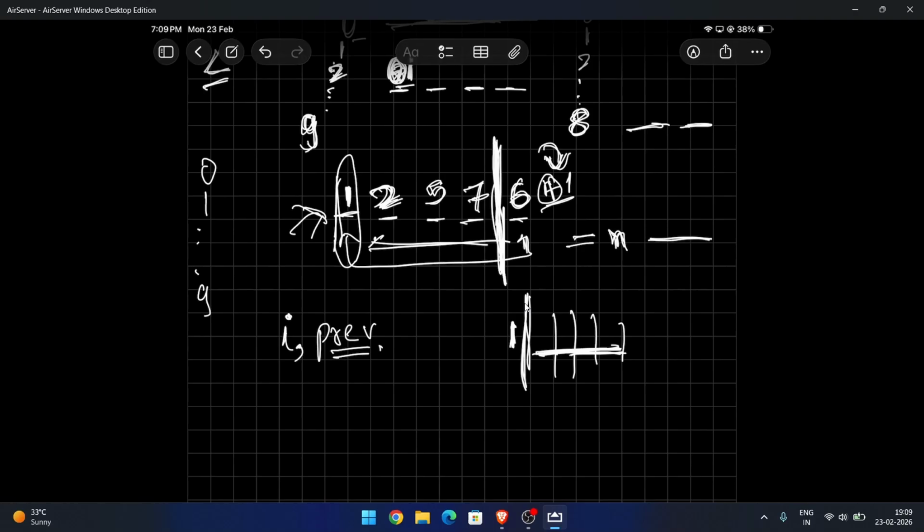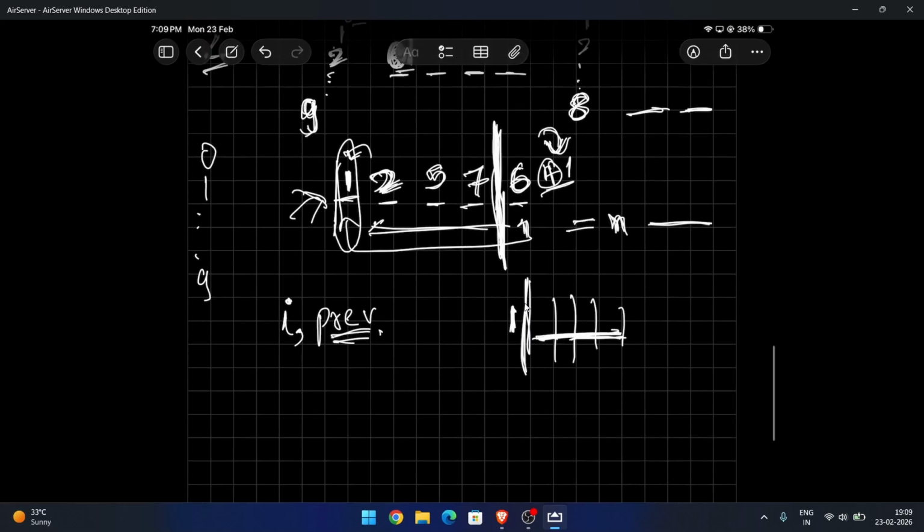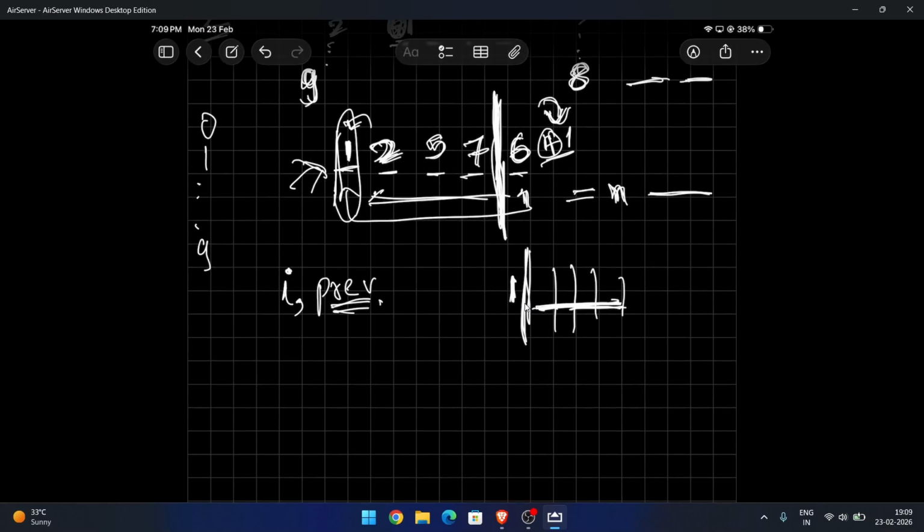So that's how we are calculating. What we needed till now was the index. We also needed the previous digit, because we can't use the same digit twice.